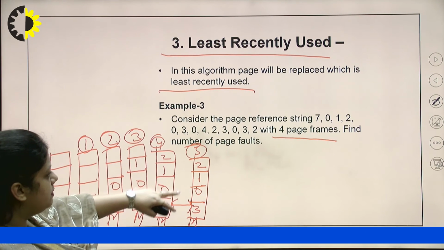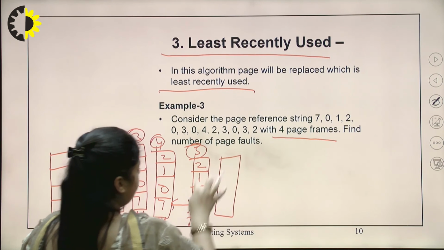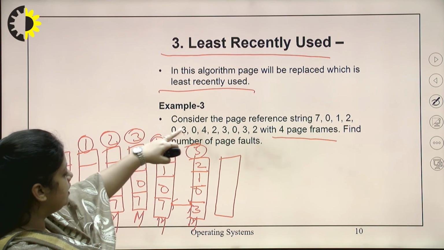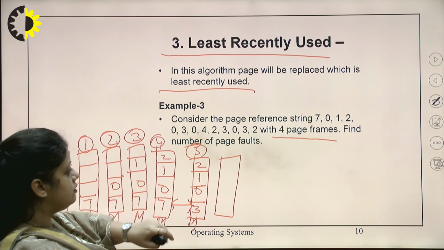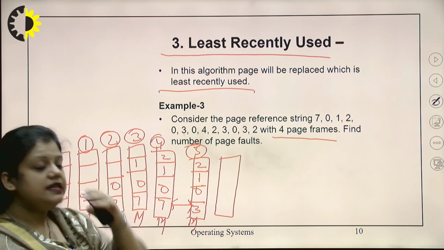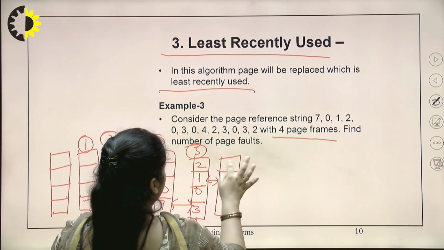0, it is available. 4, again there is a miss. So for 4, which is the page out of 3, 0, 1 and 2? 0 has been recently used, 3 is recently used, 2 is used and then 1 is used. So 1 is the page number which was least recently used. So we are going to replace 1 with 4.